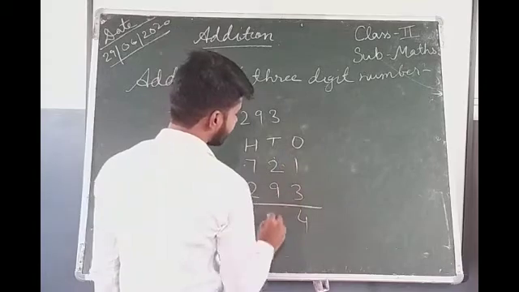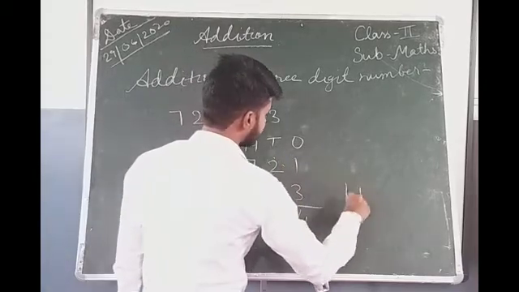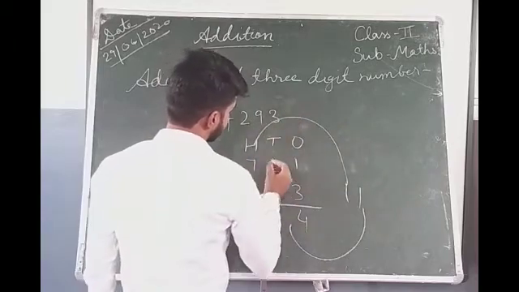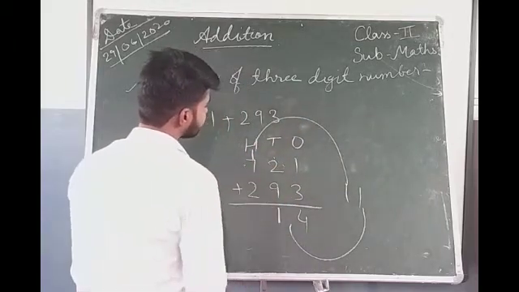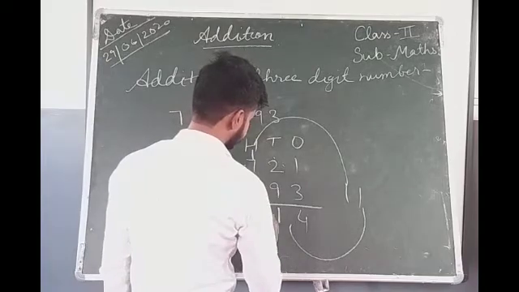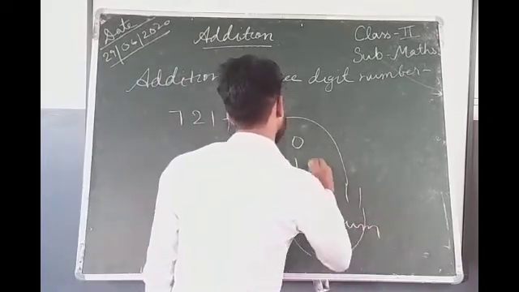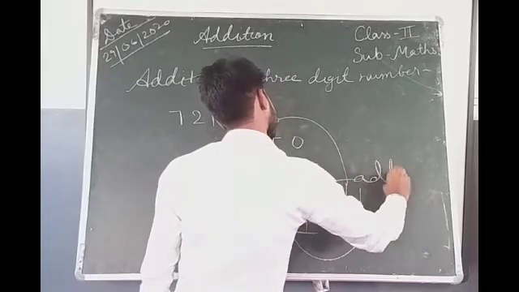So we can't write 11 here. This one will come here, and this one will go here. Again 7 plus 2, that is 9, and plus 1 that is 10. So this is your result, the sum, and these both are known as addends.